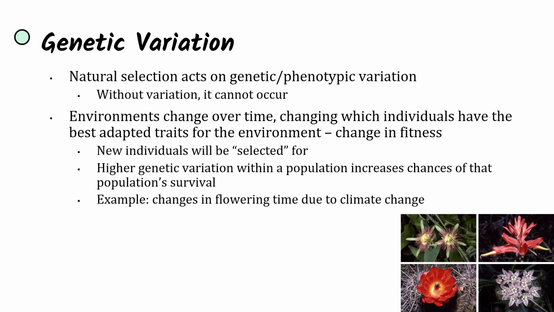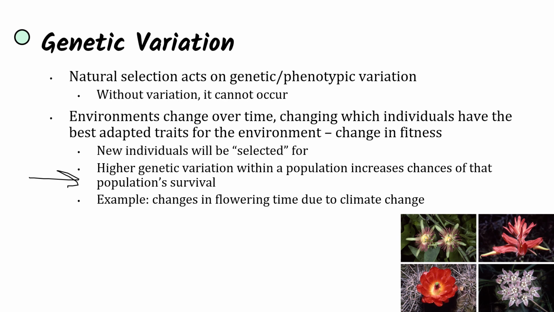And so higher genetic variation within a population increases the chances of that population's survival, because having a large variation means there's a higher chance that one of those individuals is going to have the traits which allow it to survive and reproduce within that new environment, which will then contribute to the population's growth over time.